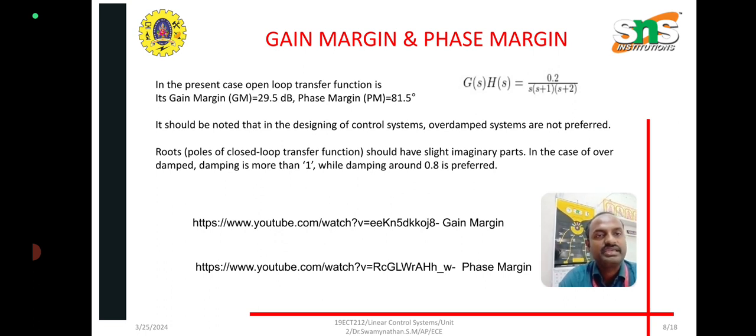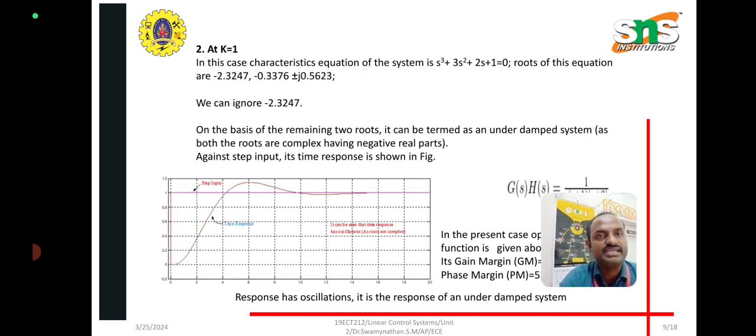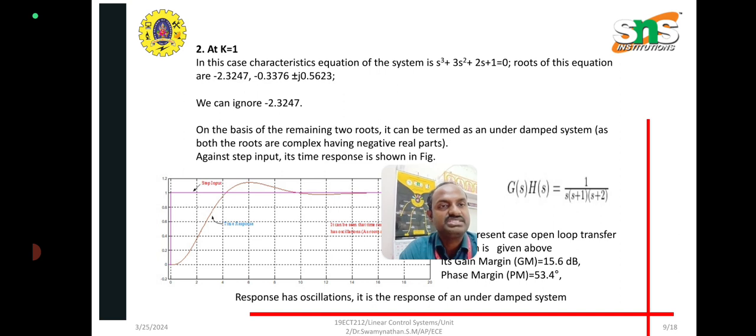Based on the gain margin and phase margin, you can get another value, K equal to 1. You get the root minus 2.3247, which you can easily ignore because it is far away from the imaginary axis. So G(s)H(s) equals 1 divided by s(s+1)(s+2).